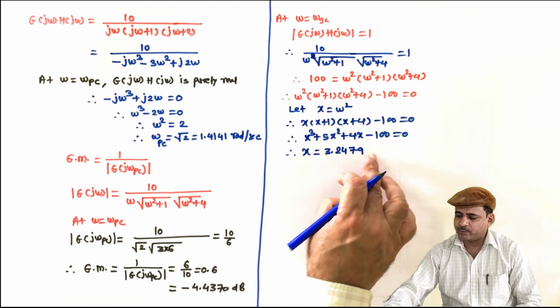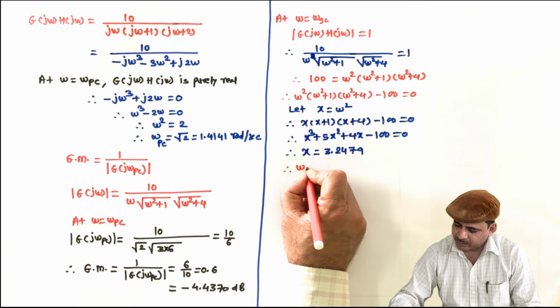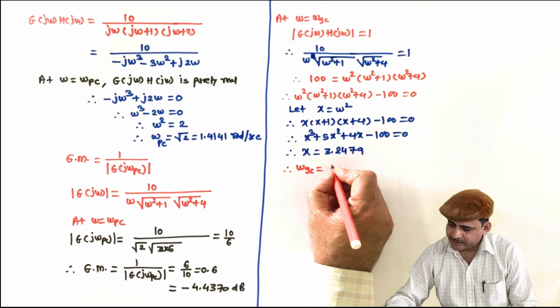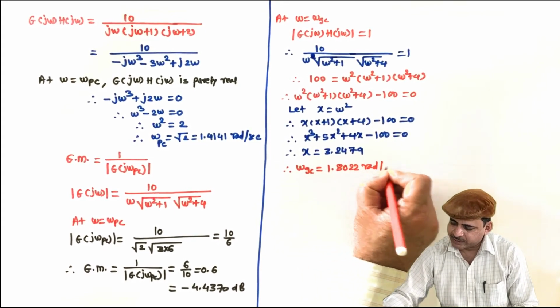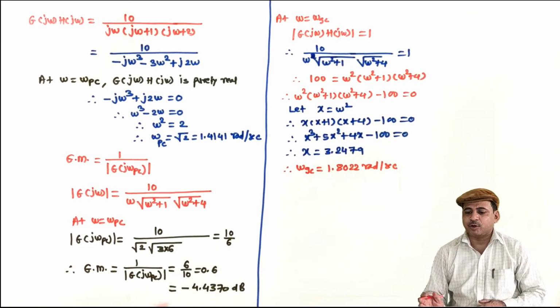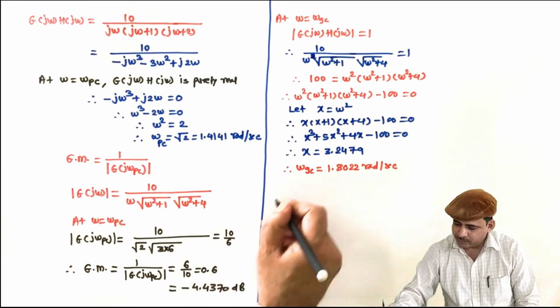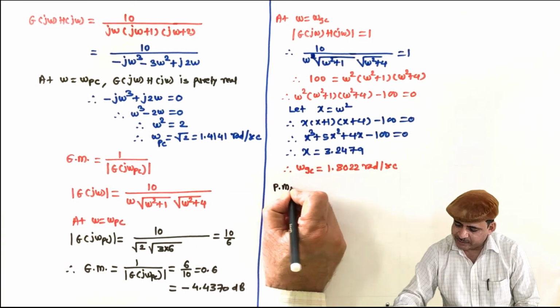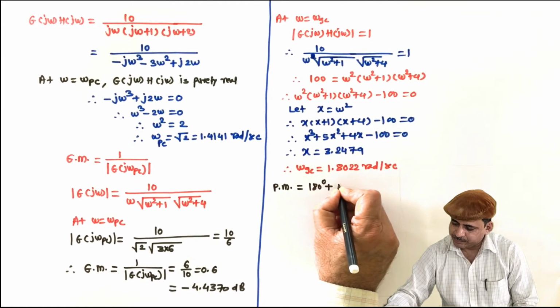So x is equal to 3.2479, and hence omega GC is equal to 1.8022 radian per second. This can be obtained.